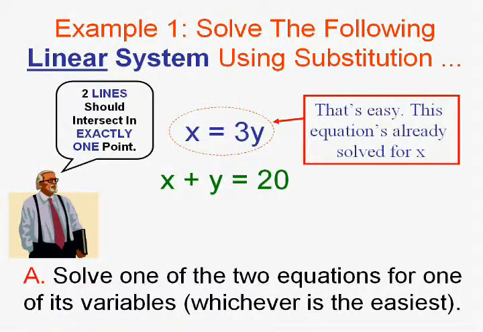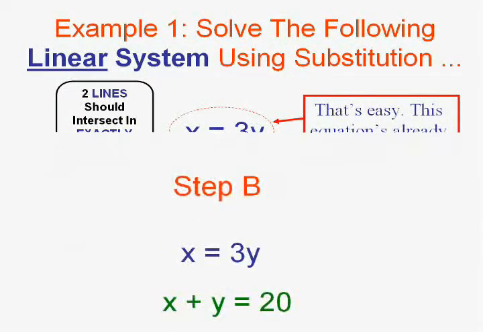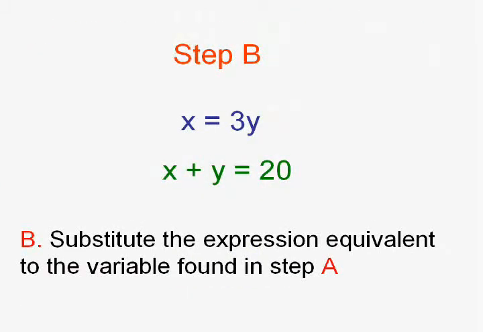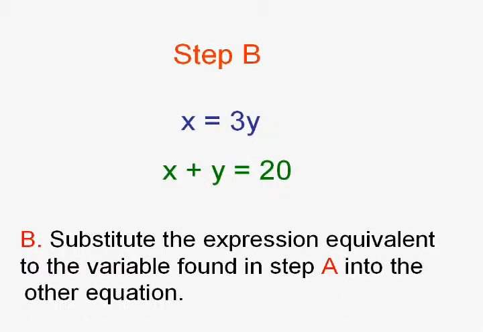So I'm going to choose the blue x, and then I'm going to do step B, and that is to substitute the expression equivalent to that variable, 3y, into the other equation. I'm substituting it instead of x. When I say the other equation, I'm talking about the green one.